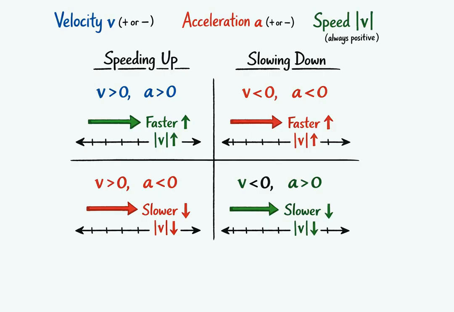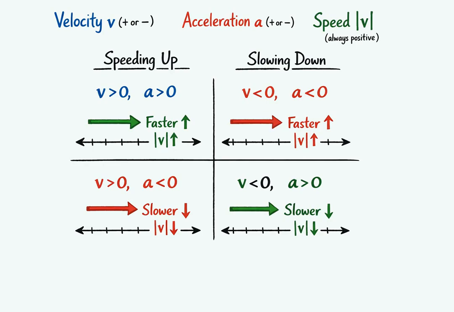If v is greater than 0 and a is greater than 0, velocity becomes more positive and the absolute value of v increases. If v is greater than 0 and a is less than 0, velocity is pushed towards smaller positive values and the absolute value of v decreases.